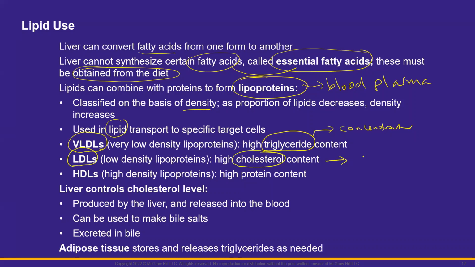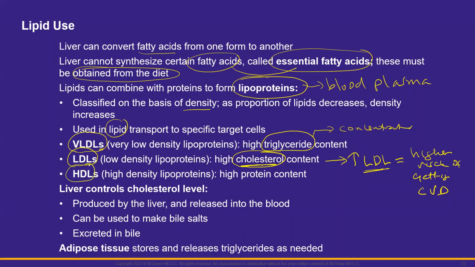So if you have higher LDL, it is the same as having a higher risk of getting cardiovascular disease because of this cholesterol level that is increased in the LDL. So LDL level has to be low in number when you measure it.